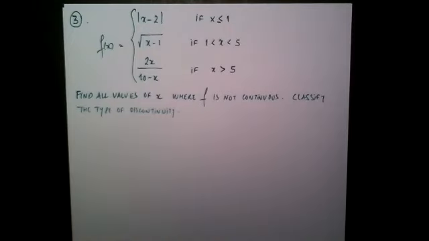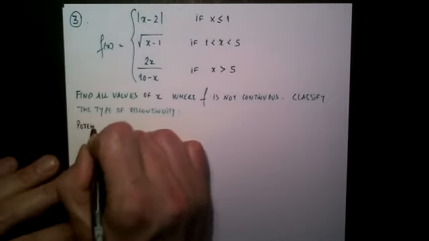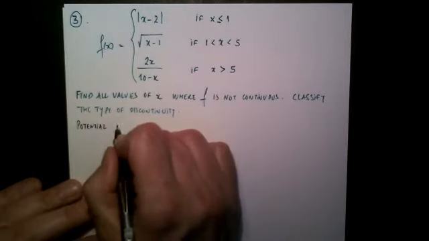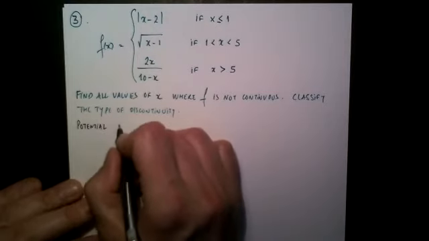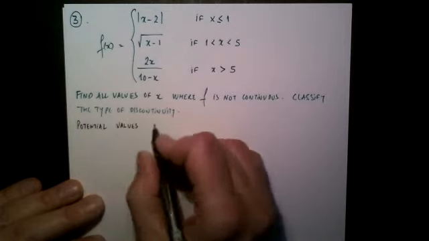So now I'm listening. What do you suggest that I consider as possible problem points? When each piece of the function connects with each other. Okay, so potential values.